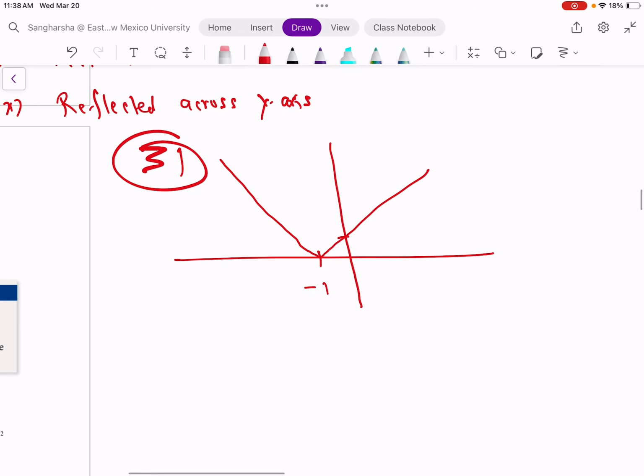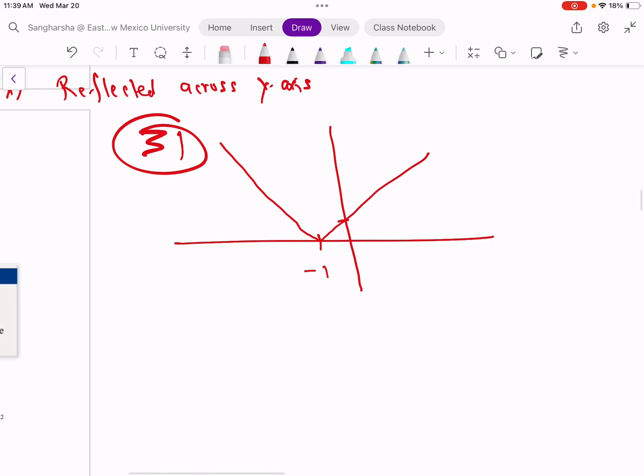For every example we did earlier, we were given a function and we drew a graph. Now we are given a graph and we need to write a function. It may not be exactly the same function, but we want a function whose graph is similar to this graph. At first, from this graph, what can you say about the function? What would be the type of function for this graph?